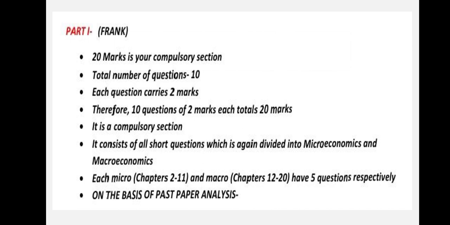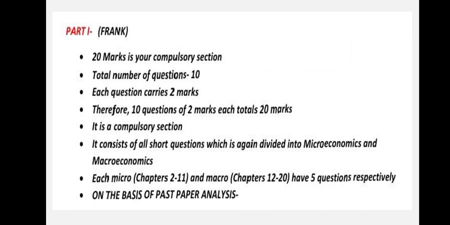Also, here you can score good. This section covers your entire syllabus. Entire syllabus means all 20 chapters will be covered here. It consists of all short questions, which is again divided into microeconomics and macroeconomics, having 5 questions each.